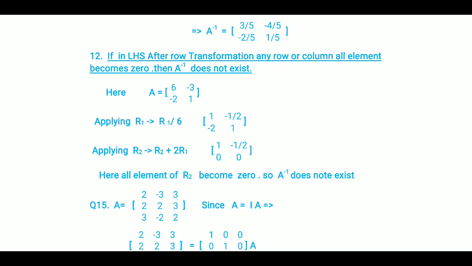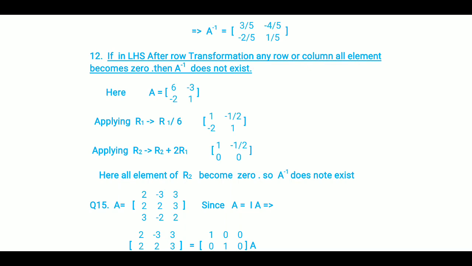So A is equal to I into A. Now applying R1 becomes R1 by 6, as we need 1 as the first element of the identity, so making it 1. That means we divide R1 elements by 6. Thus R1 elements become 1, minus half, minus 2, 1, and a similar change on the right hand side, which is not written here.